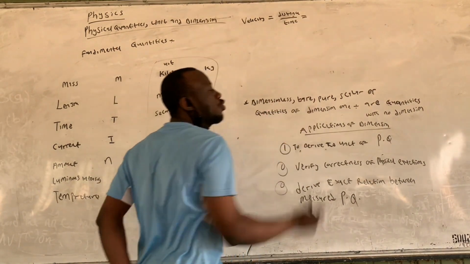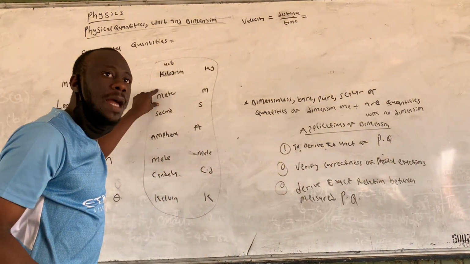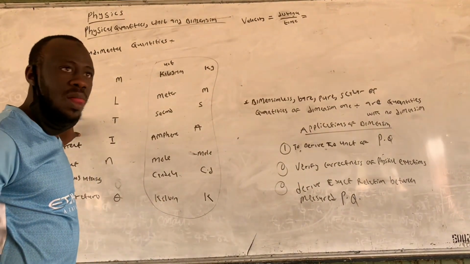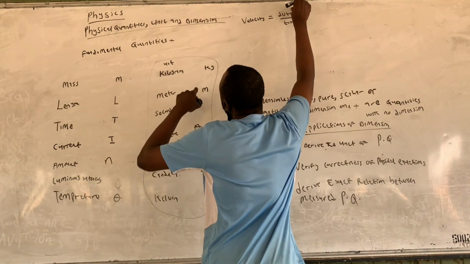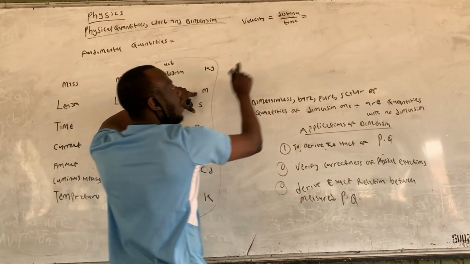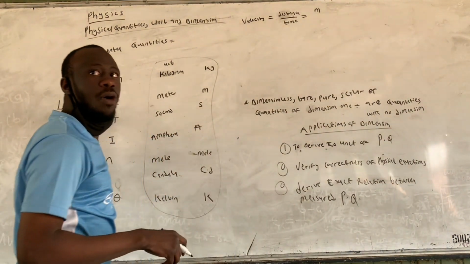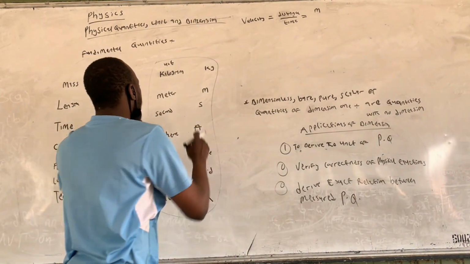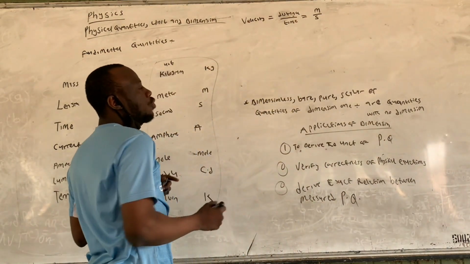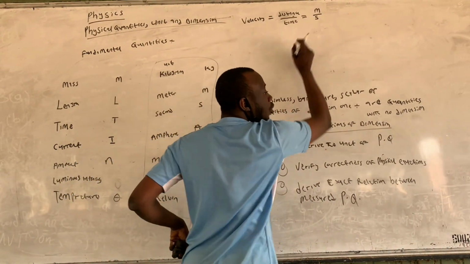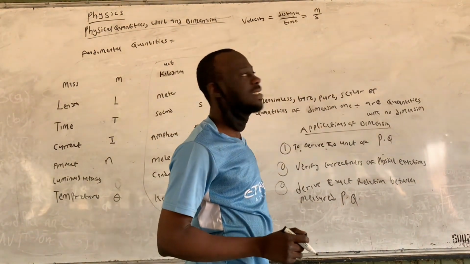The first thing to do here, remember we say that distance is measured in meters and time is measured in seconds. Meaning, we are going to replace distance with this unit, m, since length, distance, and time are all the same. And all over second. This will follow the negative index rule of indices.